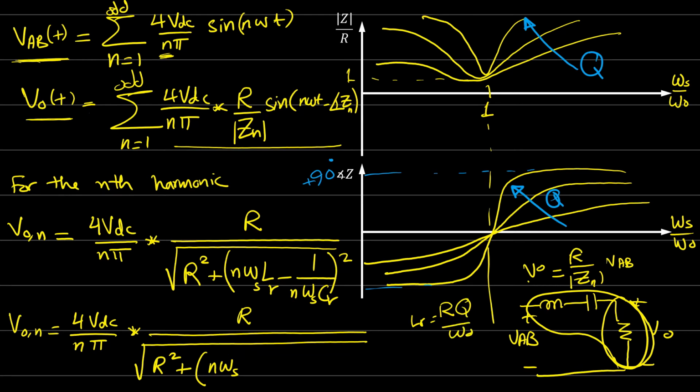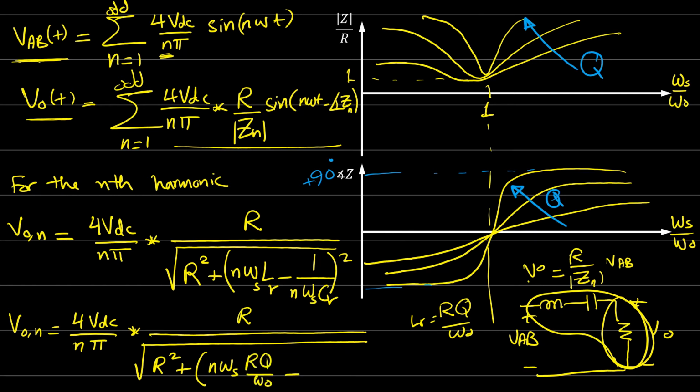Because LR, the resonant inductance, is the only value that can be linked to the resonant frequency. Omega s is the switching frequency, not the resonant frequency. The inductor and the capacitor, LR and CR, the resonant capacitor and the resonant inductor, can be linked to the resonant frequency. So we can say that n omega s times RQ over omega naught.